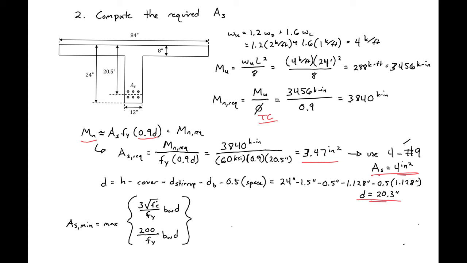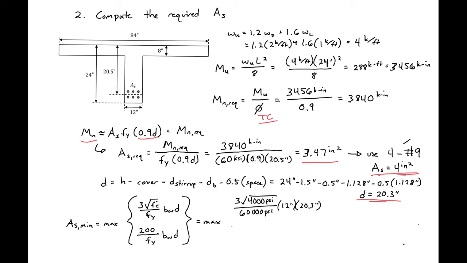We'll next quickly check to make sure that we have more steel than the minimum steel requirements from ACI. So our minimum steel requirements are the max of these 2 expressions. So we have 3 square root of 4,000 psi divided by 60,000 psi times 12 inches times our D, which we just found, 20.3 inches.